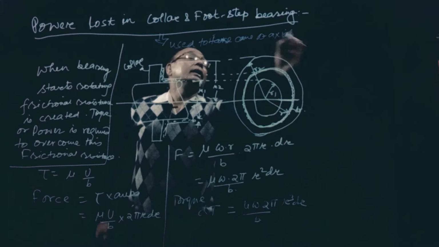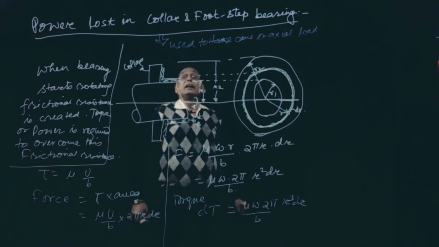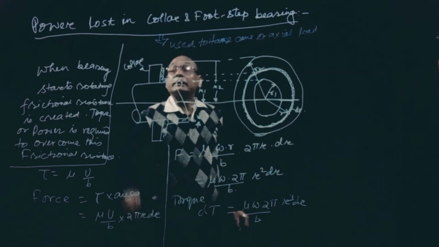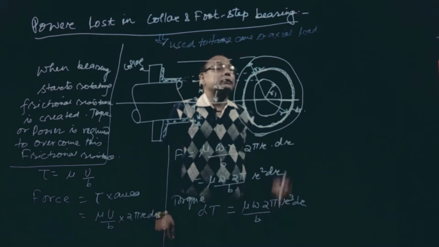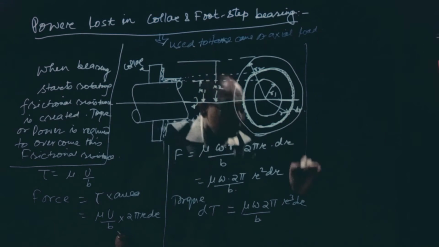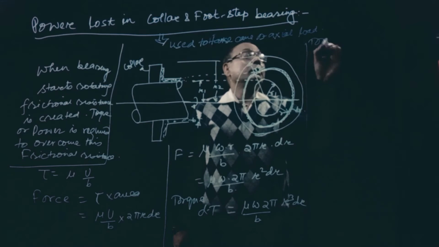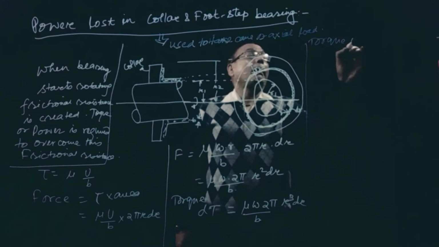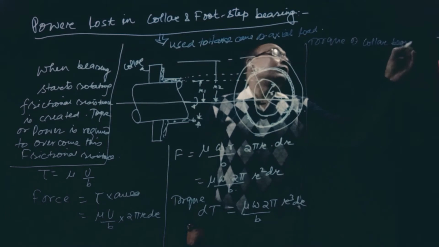Okay, when the load is axial, then we use the collar bearing. So this is the collar. Now this is torque. Okay, now what we have to do? We have to find out the torque of the collar bearing.